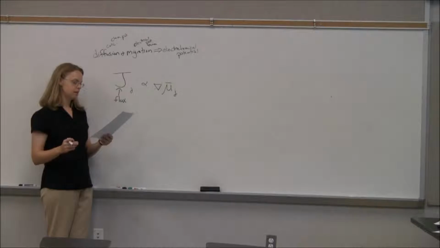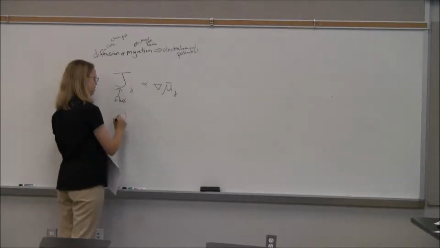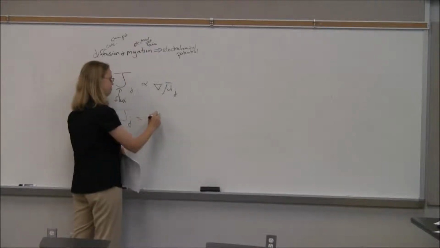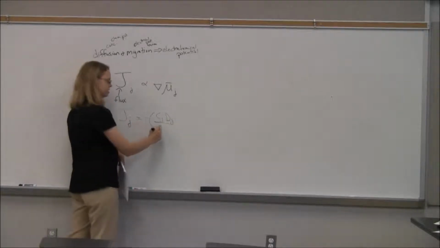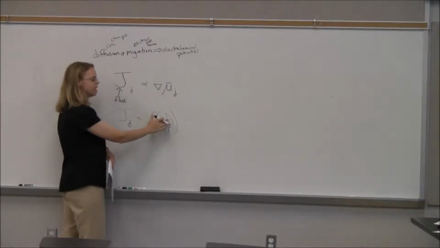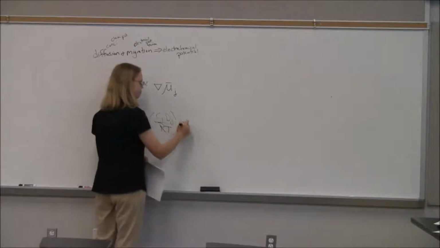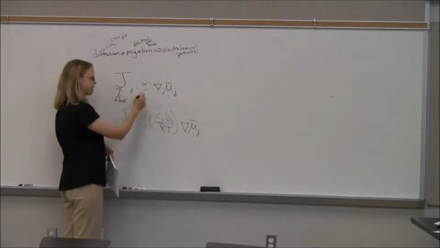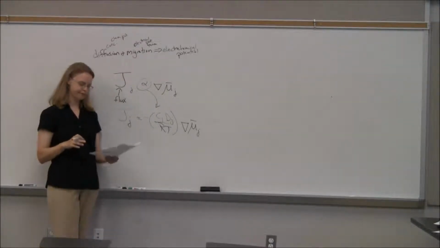Okay, so this is proportional, right? And so we have some sort of proportionality constant. In this case, the proportionality constant happens to be a minus sign because of sign conventions: concentration of J times the diffusion coefficient of J over RT. That's the same equation, but now it's not proportional, it's equal.